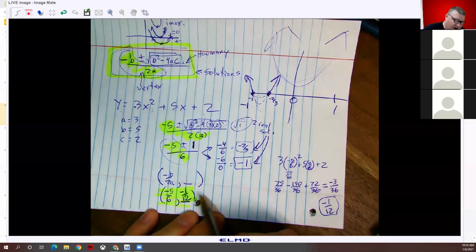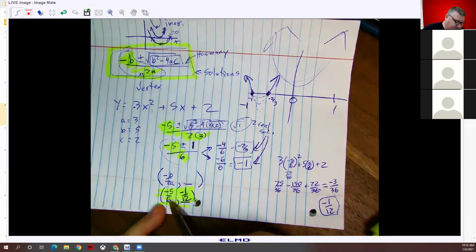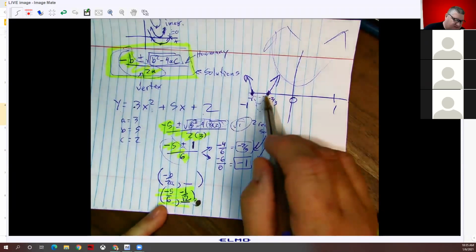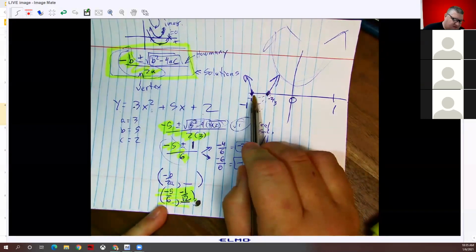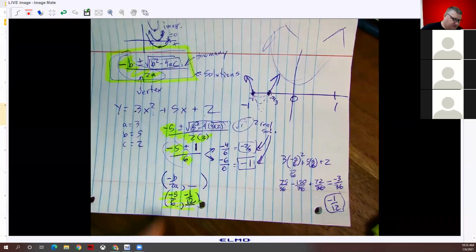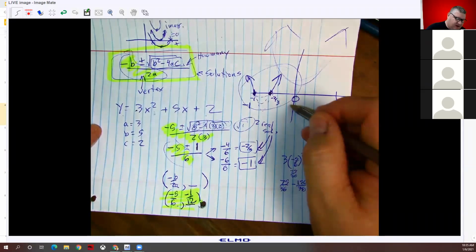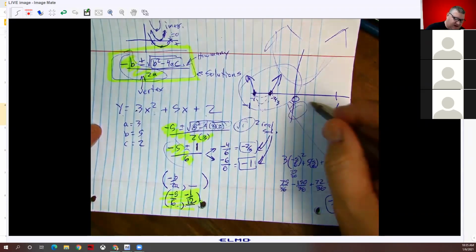Here we go. So why does this negative 5/6 make sense if we cross at negative 2/3 and negative 1? Well, let's expand this. Let's put a magnifying glass right here.